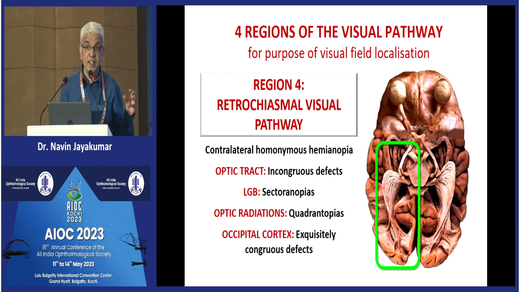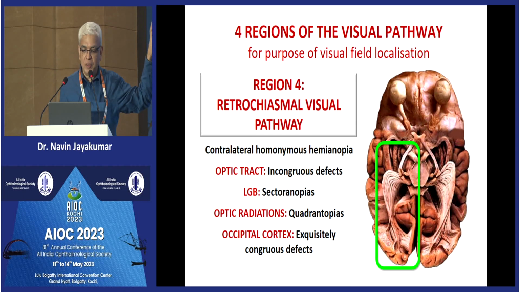However, if it's incomplete, then you can make certain assumptions. For example, if it's optic tract, you can get incongruous defects. LGB lesions sometimes produce sector-like defects. The radiations produce quadrantopias. And you have these exquisitely congruous defects perfectly matching each other in occipital cortex lesions.